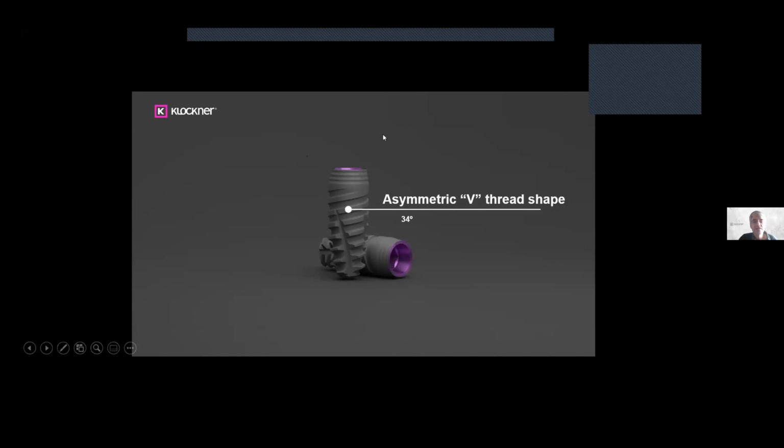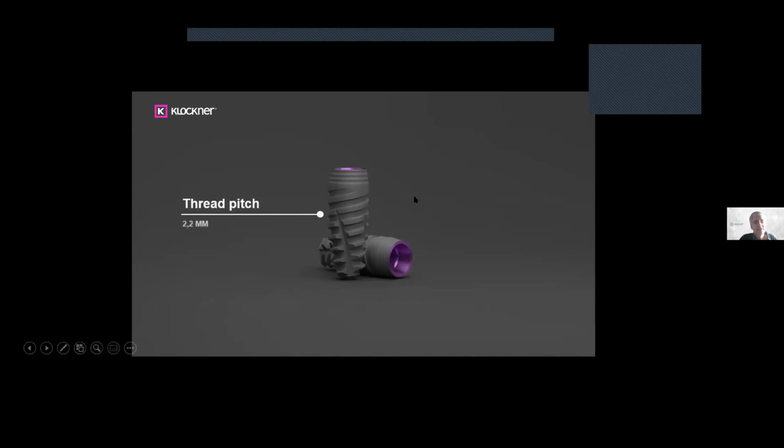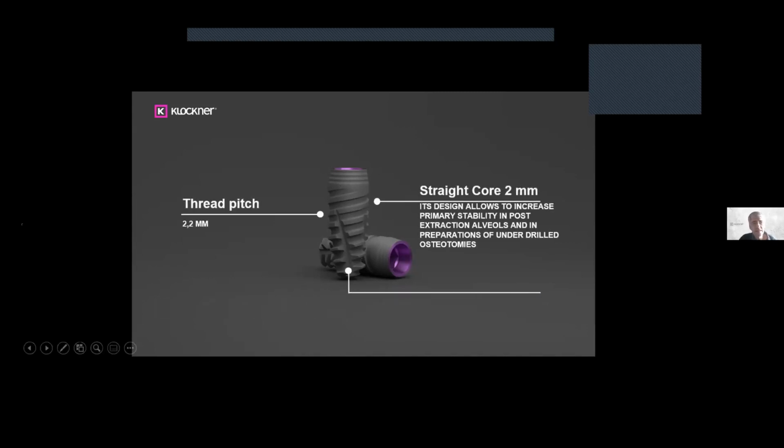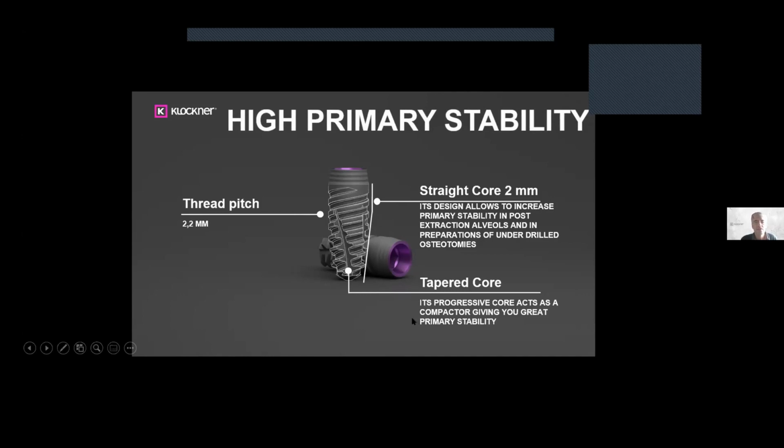Then we have this called asymmetric V-thread shape and the apex, okay? I will talk about it later. This means that the distance in between these threads will help us to have primary stability. It will get in the bone with less torque, but it will get more strength into the bone, okay?